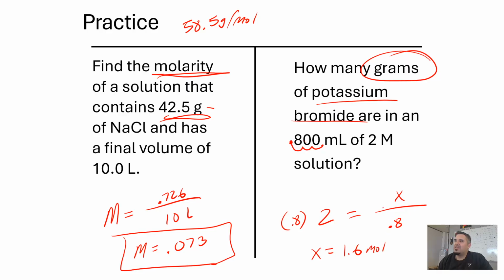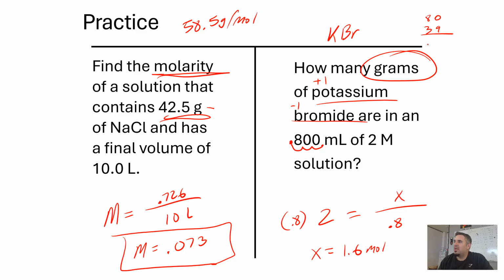Our next step is to convert to grams, and to do that, we need the molar mass of potassium bromide. This semester, you're not going to be asked to go from name to formula, so I'm just going to do this for you, but I'll show you how to do it. Potassium has a charge of +1, bromine has a charge of -1, which means our formula is just KBr. To calculate the molar mass, we just add the molar mass of each, which is 39 plus 80.